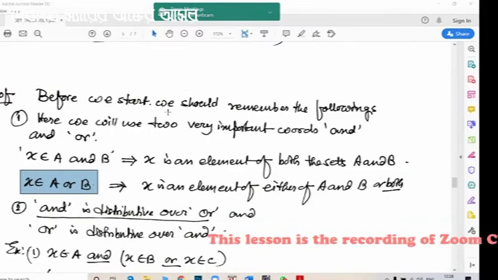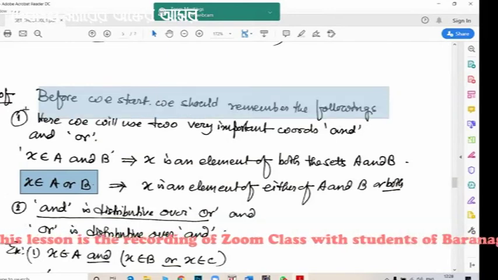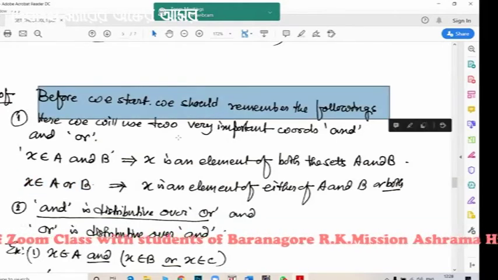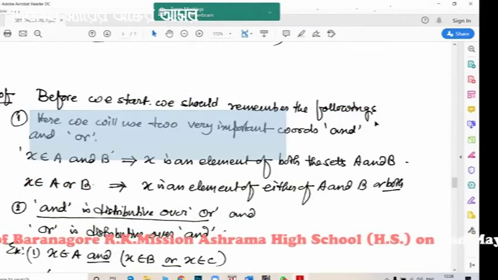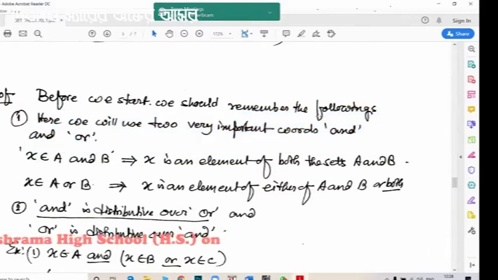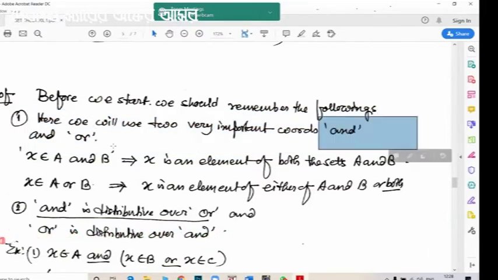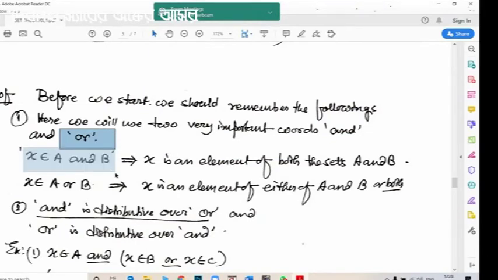Before we start, we should remember the following. Number one, here we will use two very important words, which are and, or. For example, x belongs to A and B. That means x is an element of both the sets.